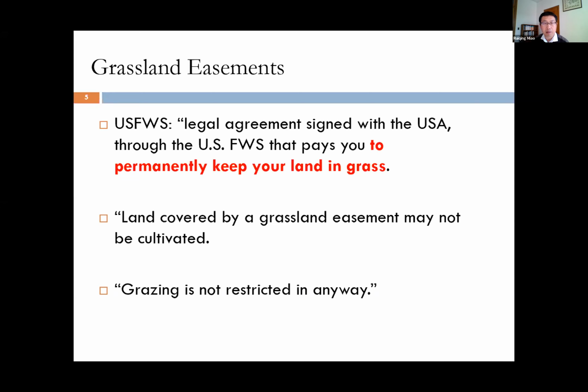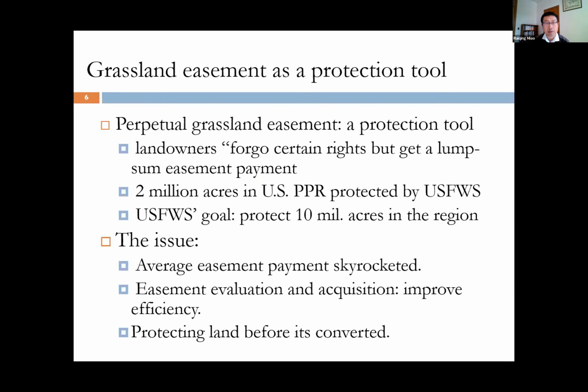So it is a legal agreement signed with the government through the USFWS, and pays landowners a lump sum amount for the land, but the land will be kept permanently under grass. But the landowner can still do grazing under the easement.